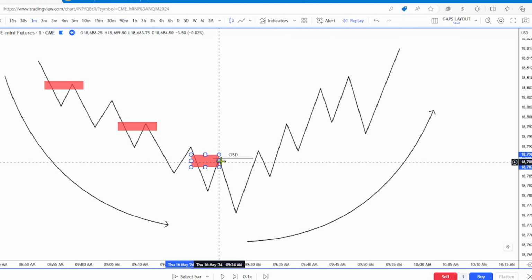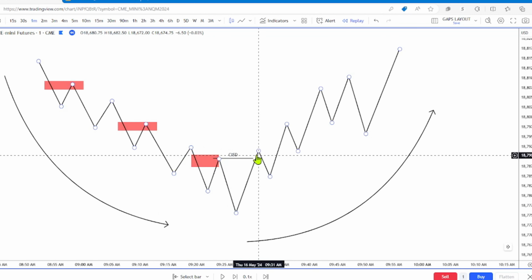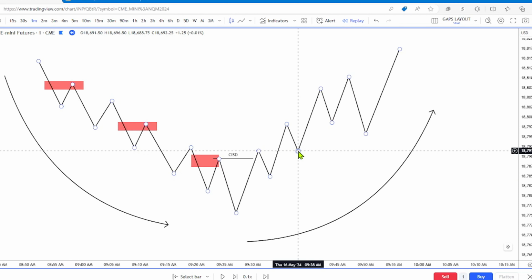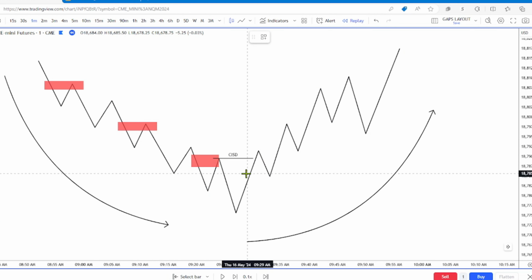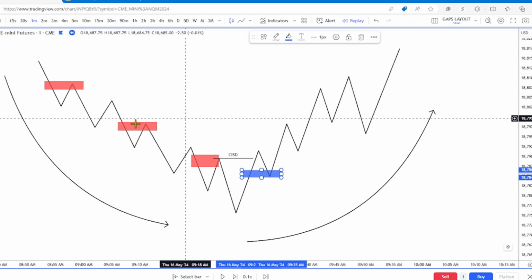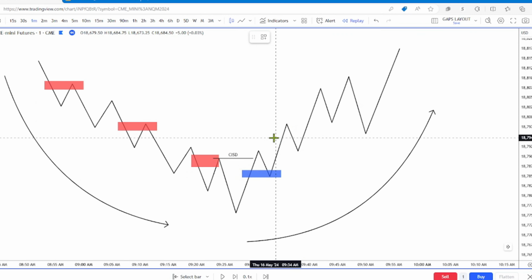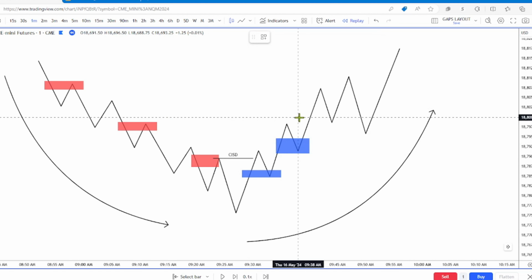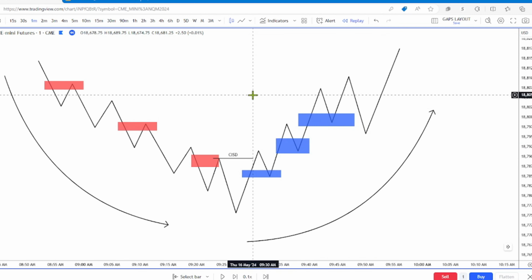Okay. So we get a candle body to close above. We'll then retrace, right? And we might create then bullish PD arrays in here, or in here, or in here, right?